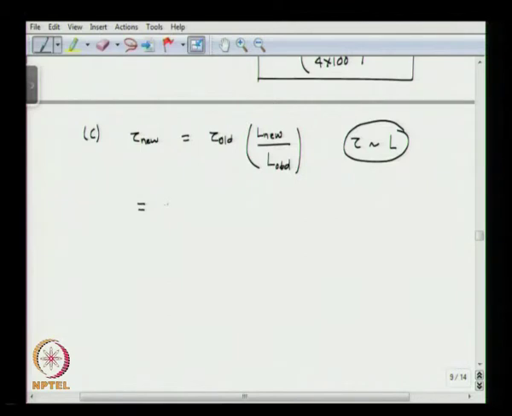So, tau old is 5.95 seconds, L nu we want to limit it to 1 millimeter, but existing is 198 millimeter. So, the tau nu is going to be 3 into 10 to the power minus 2 second, okay. So, if you can mix as fast as 3 into 10 to the minus 2 seconds, then the mixing required length would be 1 millimeter.